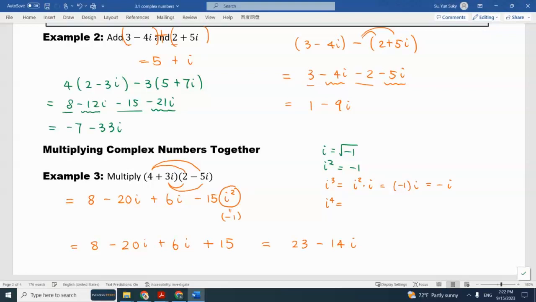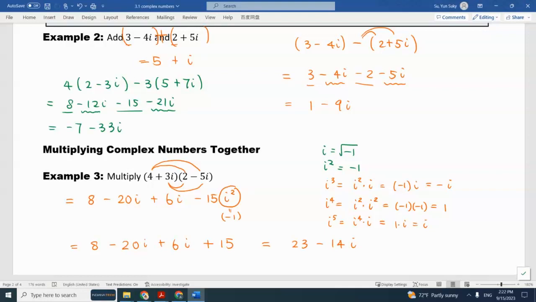And i to the 4th is actually i squared times i squared. Do you agree? And then minus 1 times minus 1 is 1. And then when you keep going, i to the 5th is i to the 4th times i. Do you agree? i to the 4th is 1. So you get i.